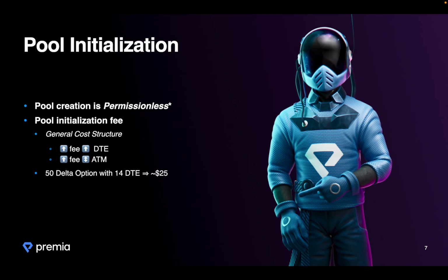In terms of moneyness, if an option is at the money, it's at its cheapest price to initialize. And the further away an option is from at the money, the more expensive it becomes to initialize that pool. Just as an example, if we were to initialize a 50 delta option with a 14-day expiration, it would be roughly around $25 to do so.